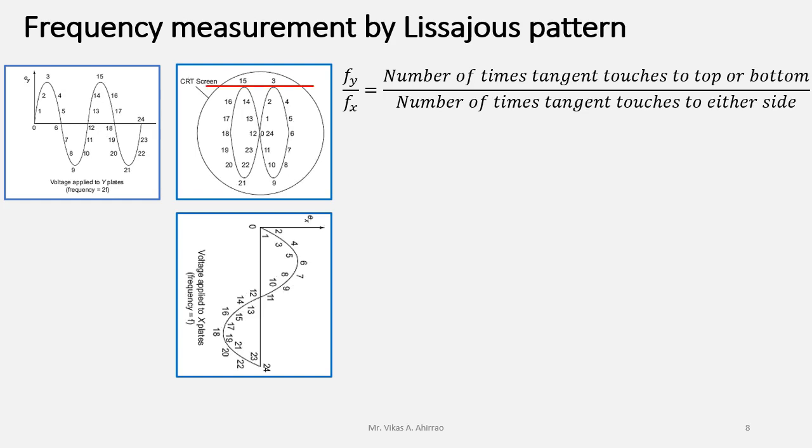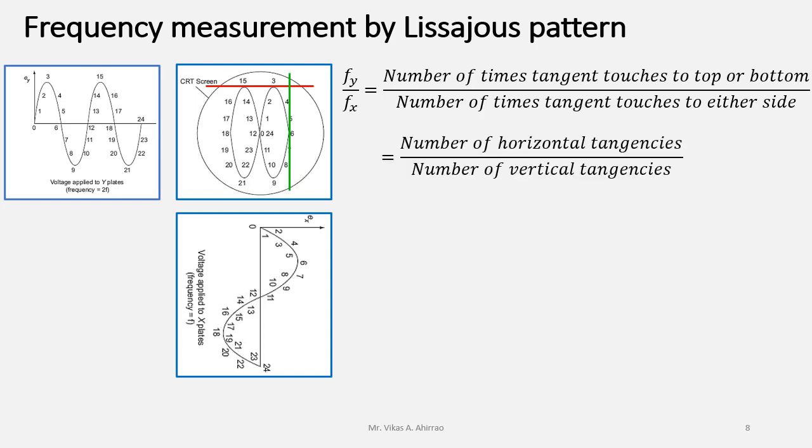The horizontal tangent is shown here by a red thick line and the vertical tangent by a green thick line. So you can measure the number of horizontal tangencies upon the number of vertical tangencies.